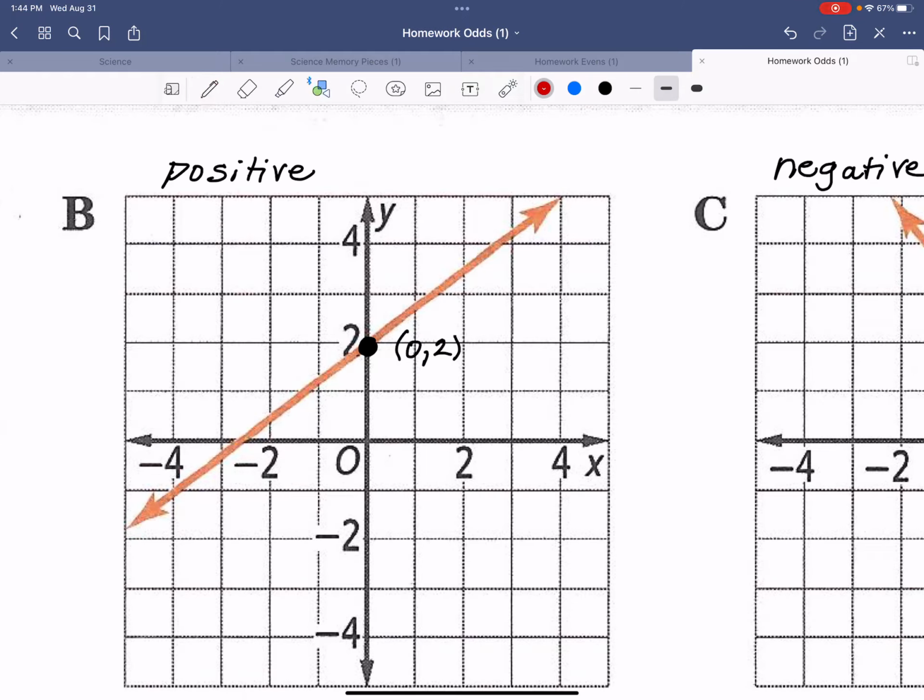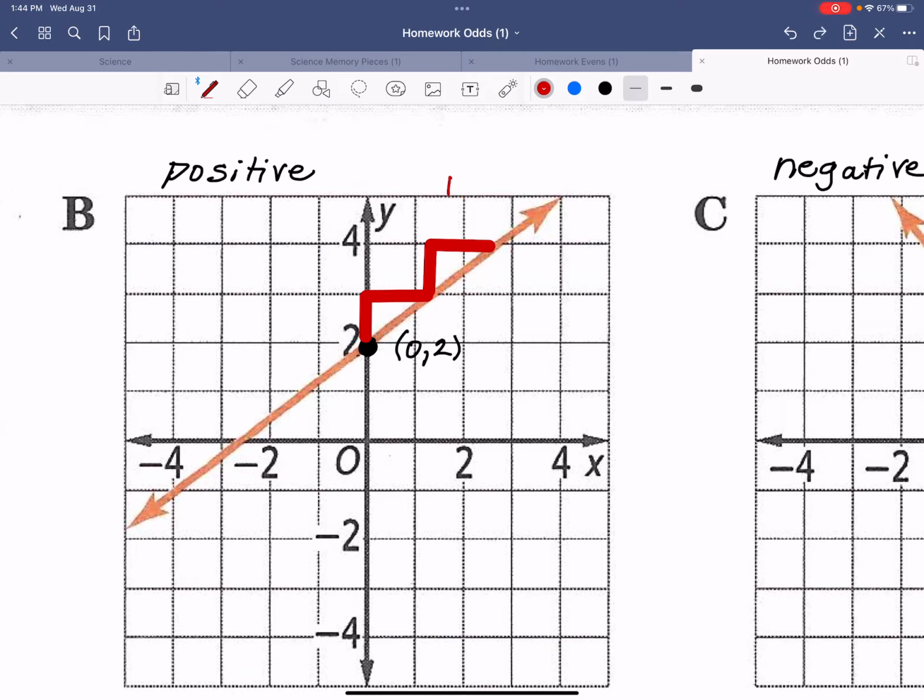I like this one. We have a rise of 1 and a run of almost 2. That's it. We have a rise of 1 and a run of, hold it.